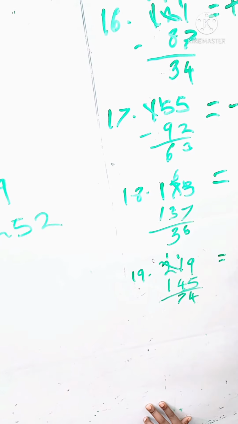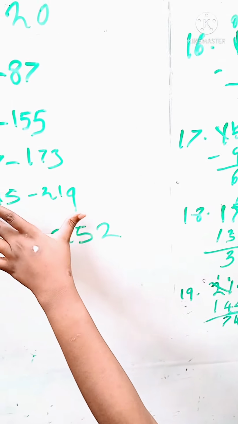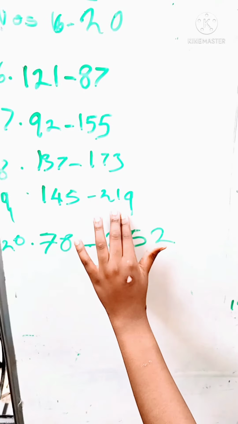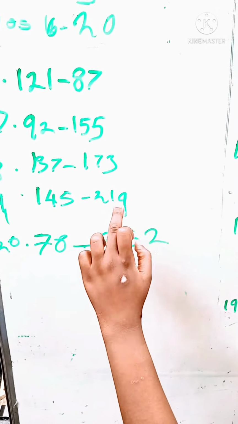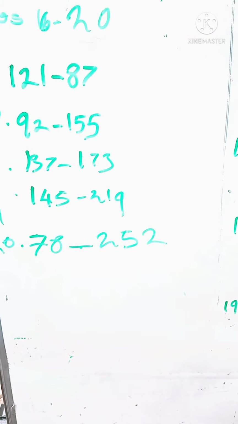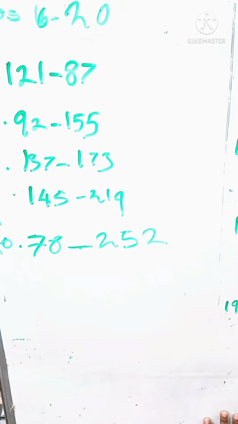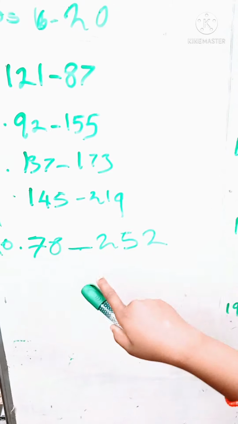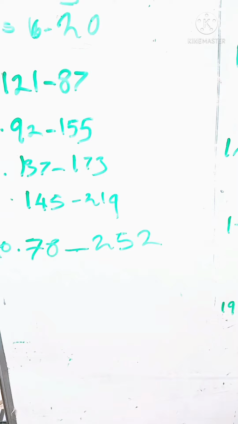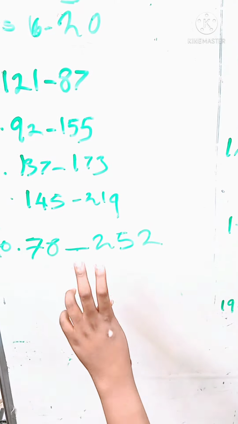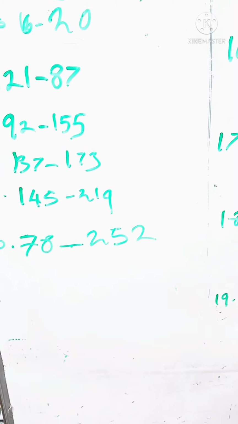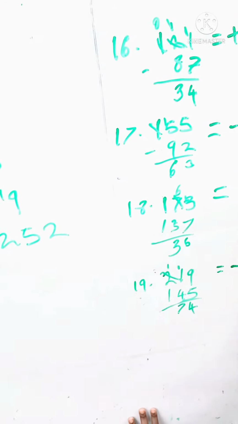Now, this one carries the negative sign, but it is the bigger number, while this one carries the positive sign, and it is the smaller number. If the bigger number carried the positive sign and was in front, then it should have been plus. But because it is a smaller number that's carrying a positive sign, it will be negative. So that will be minus 74.